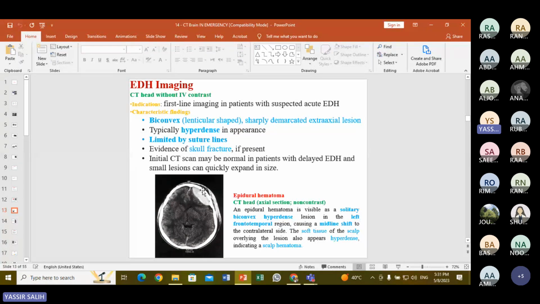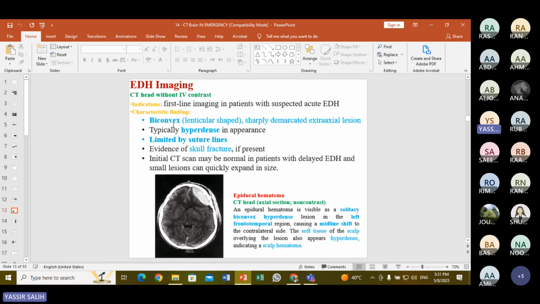Sometimes after trauma the oozing of blood does not happen early, so the CT may look normal. But after a short time the lesion may quickly expand in size, with rapid bleeding and oozing of blood.